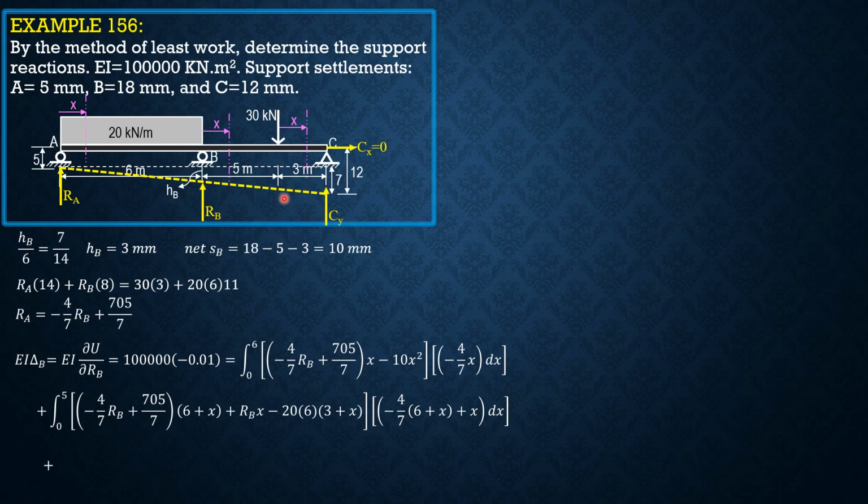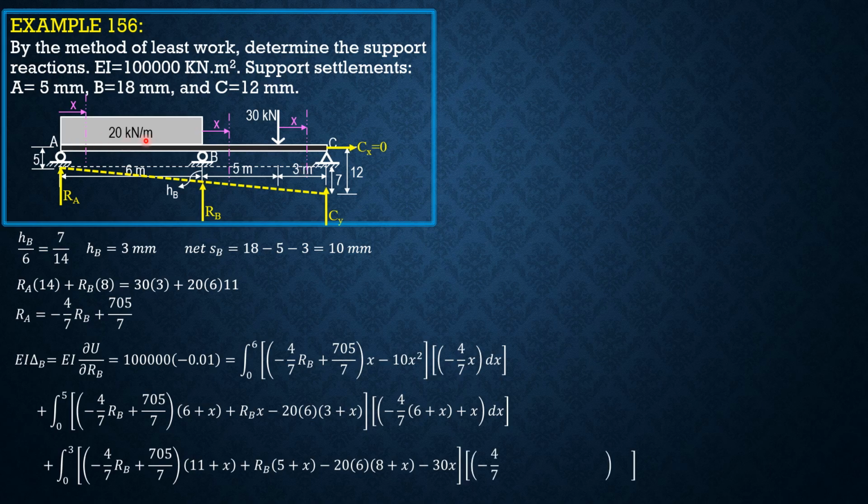Then for the last segment, integral of 0 to 3 of quantity negative 4 over 7 RB plus 705 over 7 times quantity 11 plus x, plus RB times quantity 5 plus x, minus 30 times x, minus 20 times 6 times quantity 8 plus x. The derivative of this moment equation with respect to RB is negative 4 over 7 times 11 plus x plus 5 plus x, dx.